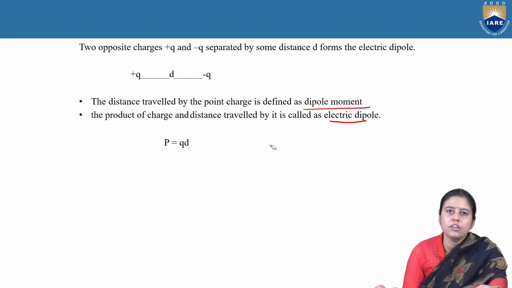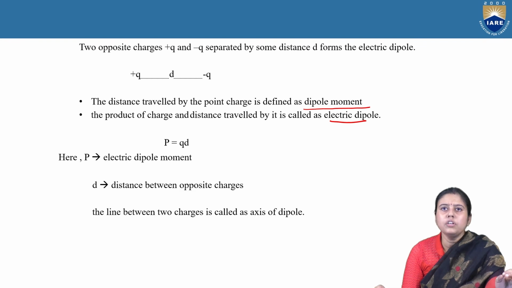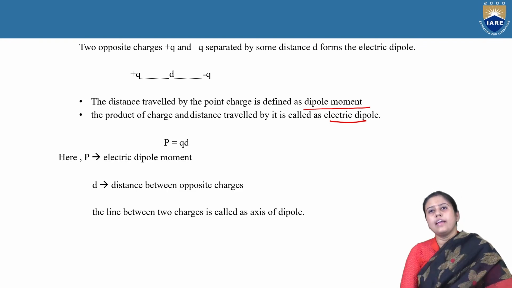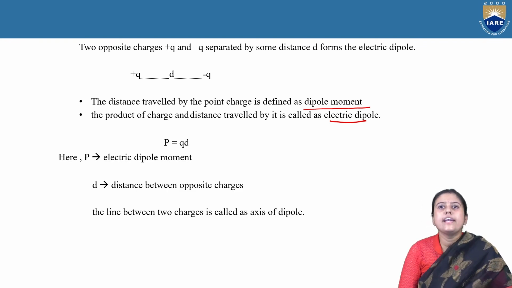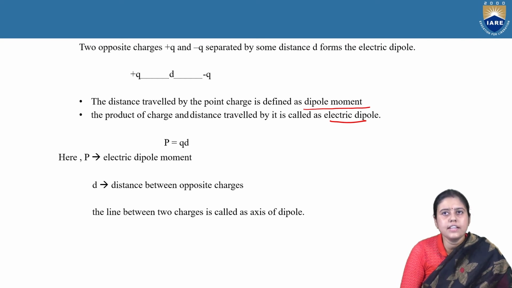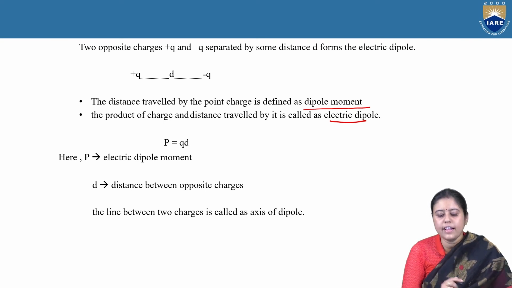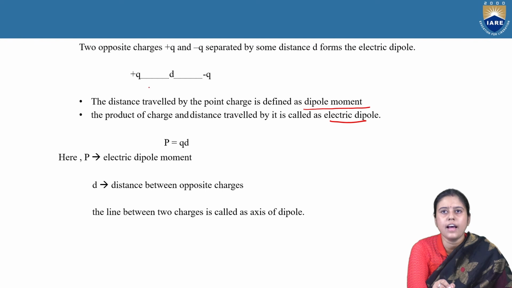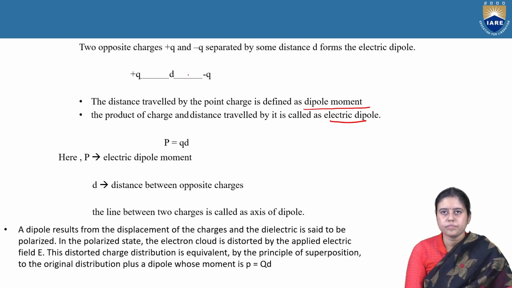P is equal to the charge into the distance, where P is the electrical dipole moment, D is the distance between opposite charges, and the direction is along the line of the axis of the dipole. You can see here we have written it in the dotted notation.